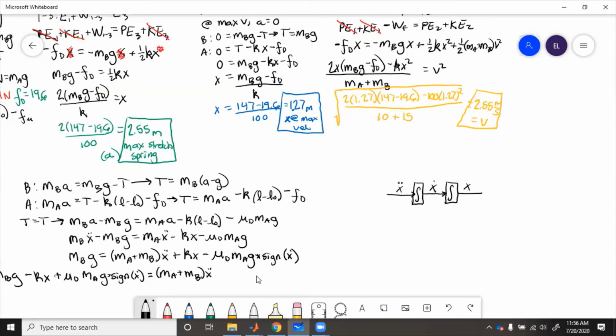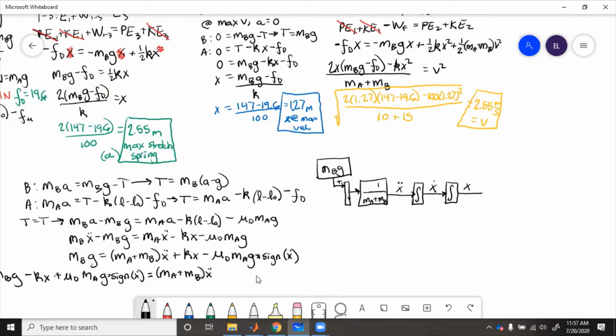But to get x double dot, we had to multiply by 1 over (MA plus MB). And that has got to be all these other things added together. So we have that MB G, so that goes in here and gets added.